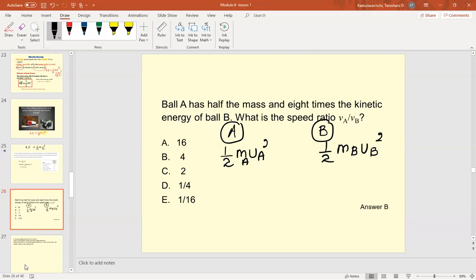But it says half the mass, so of mb, that means I could write mb over 2, right, because it says half the mass.